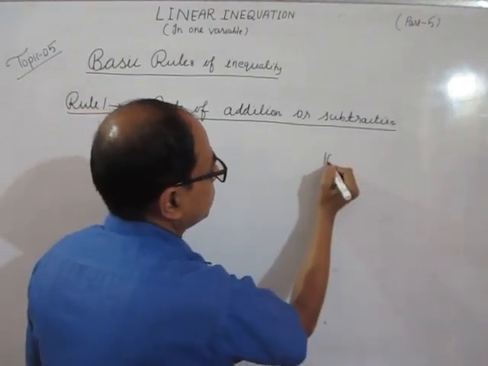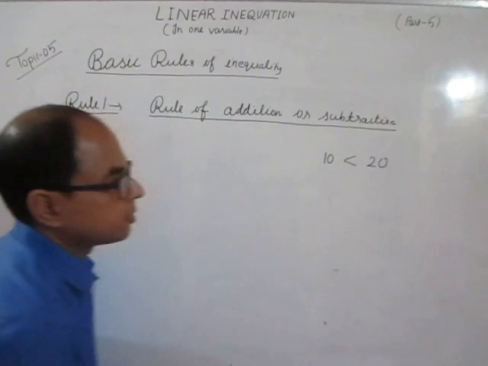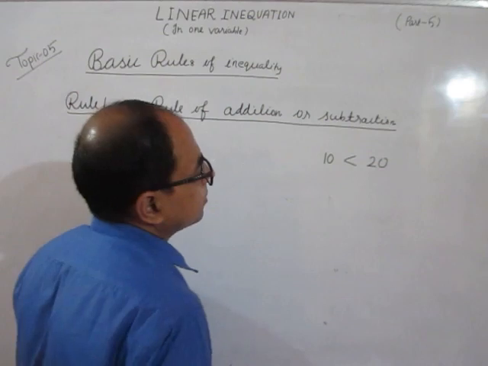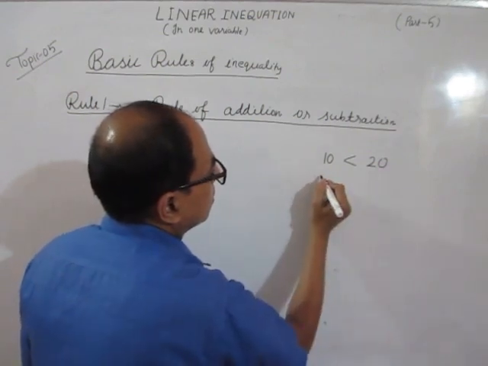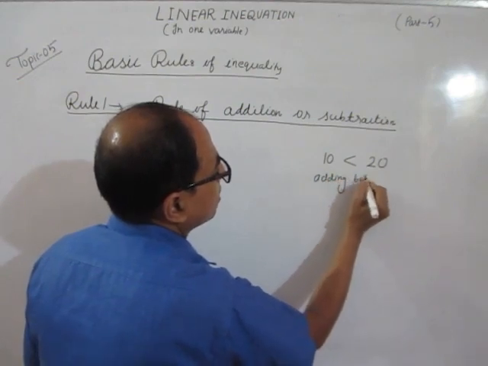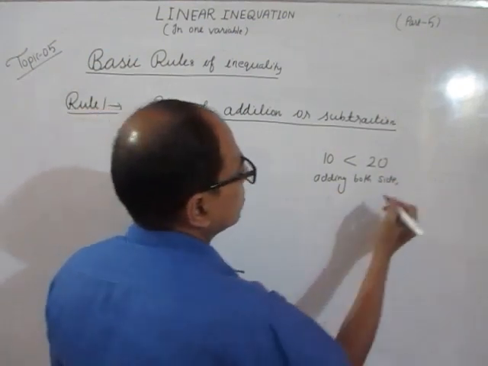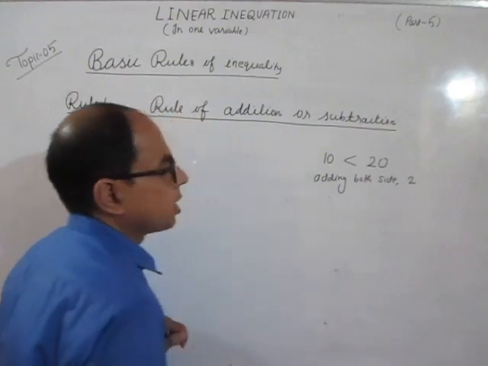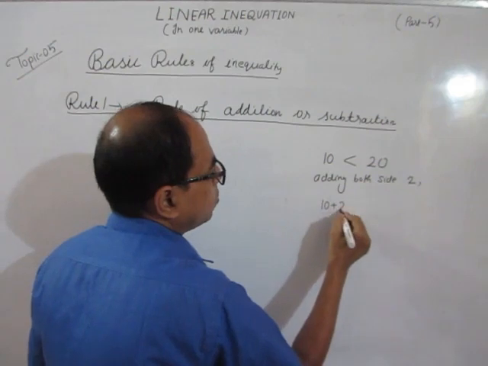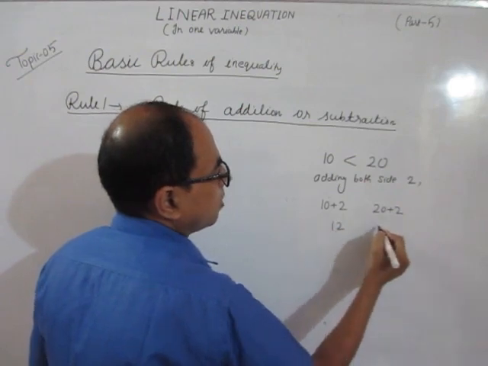Now 10 is less than 20. It is correct. Now if we add the same number to both sides, suppose we are adding 2 to both sides, it will be 10 plus 2 and 20 plus 2, so 12 and 22.